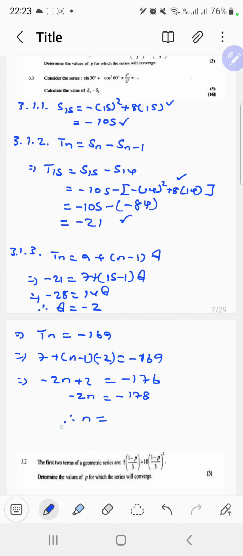Therefore n is going to be, when we divide by minus 2, 89. We can say therefore T89 is equal to minus 169. Okay, hope that is clear, guys.